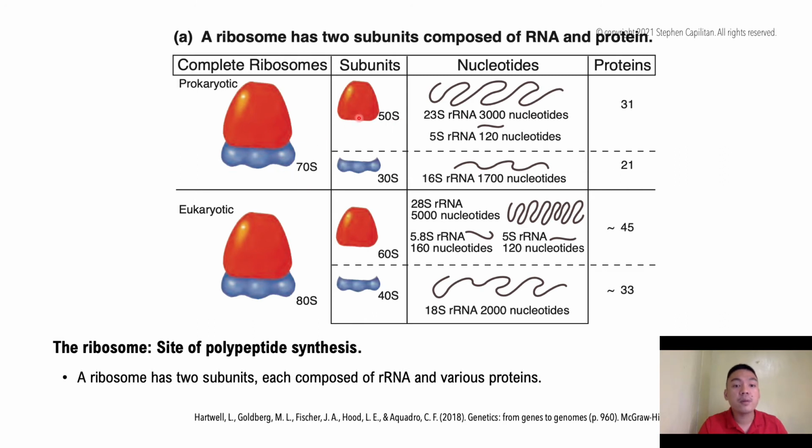The subunits for the prokaryotic are 50S and 30S, while in eukaryotic they're 60S and 40S. The number of proteins we have here is 31, 21, 45, 33, and the nucleotides available. So this is the prokaryotic ribosome and the eukaryotic ribosome.